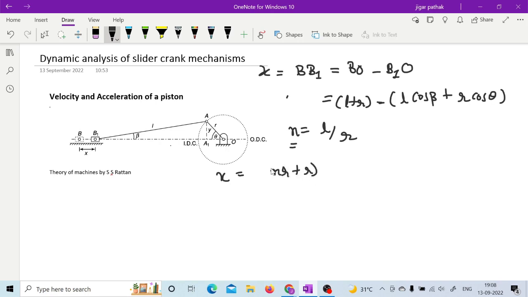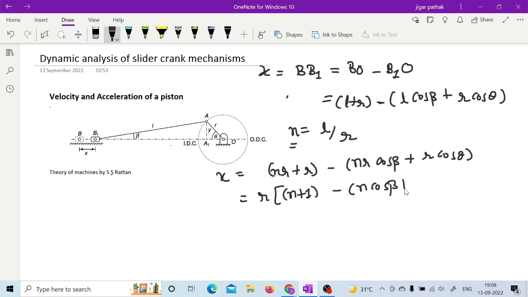So your equation will be: NR plus R minus, NR cos beta plus R cos theta, right? Now if you take out R from all the terms, what you are left with is R times N plus 1 minus N cos beta plus cos theta, right?